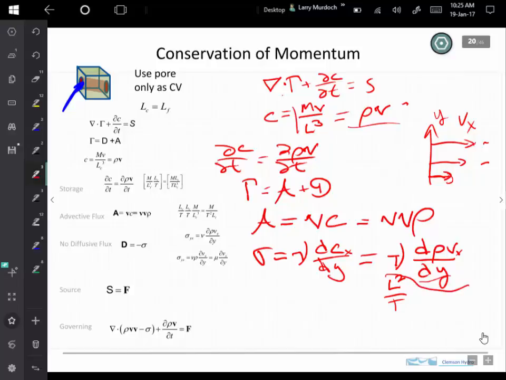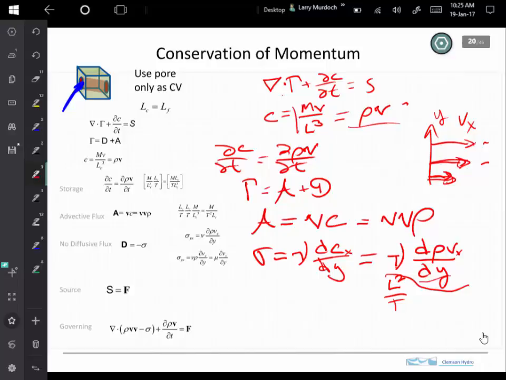And conceptually we see that dVx/dy is a shear. And in fact, what you get here is that this is the shear stress. So the diffusive flux of momentum is the stress within the fluid. Okay? Now, we'll just use this term sigma for the stress at this point.